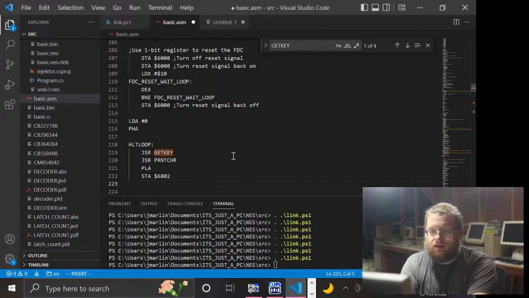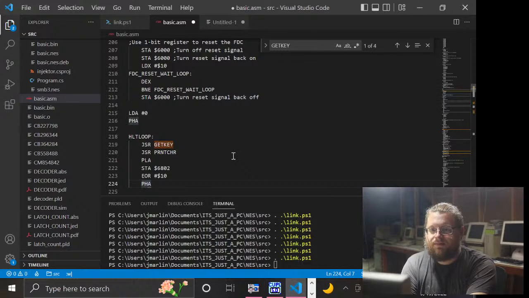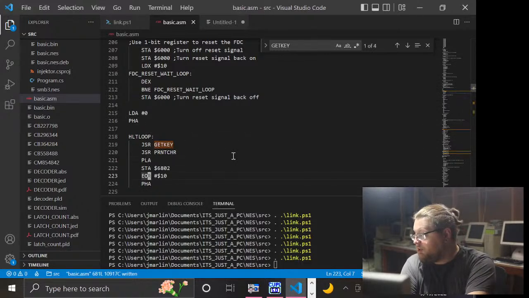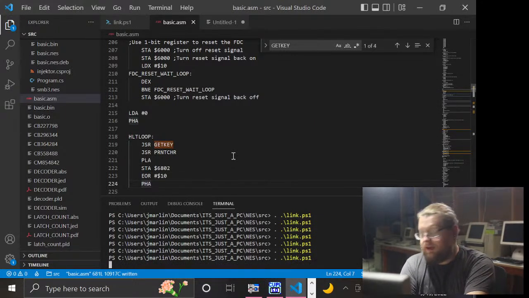And then exclusive OR that with a literal 10 to toggle that bit on and off. And then push A back on the stack. There we go. And so that should turn that motor select signal on and off every time I hit a key now.